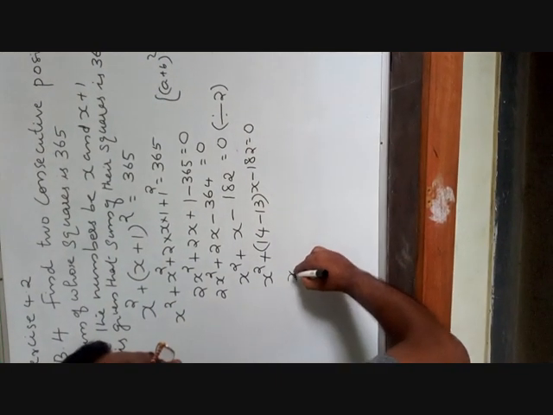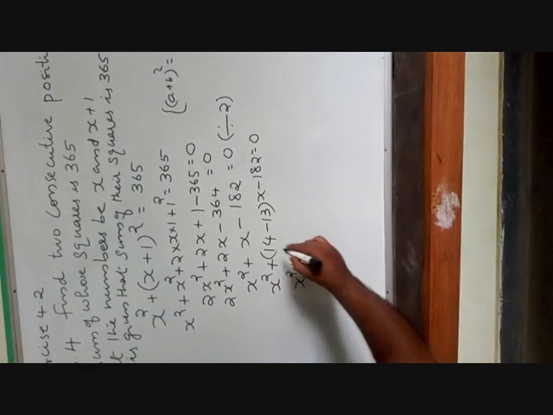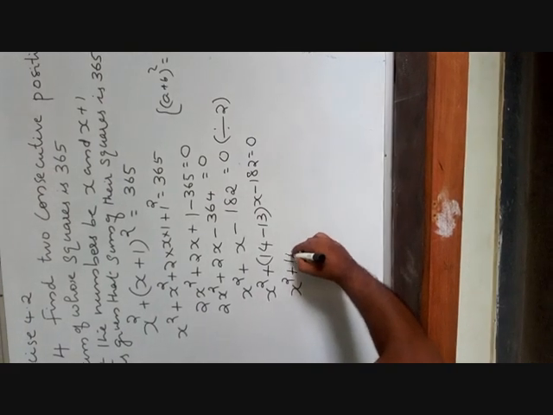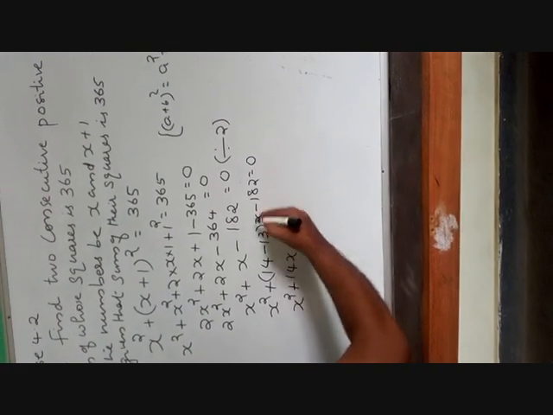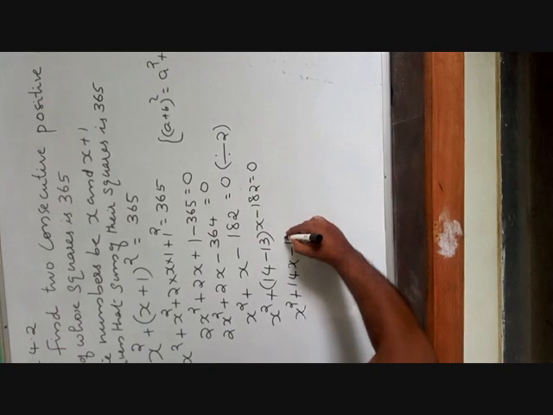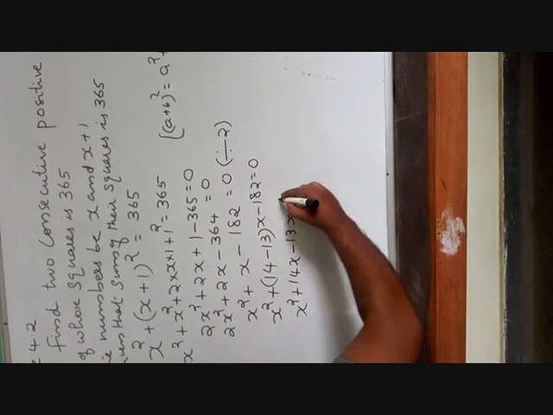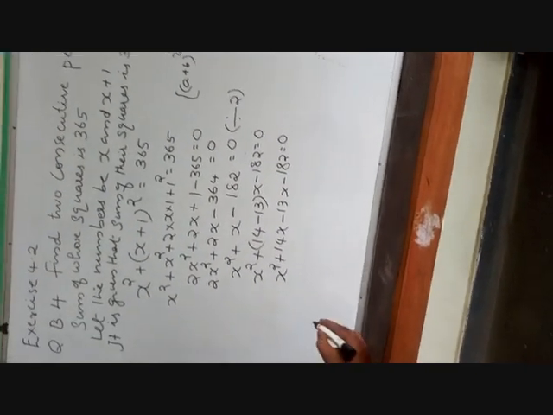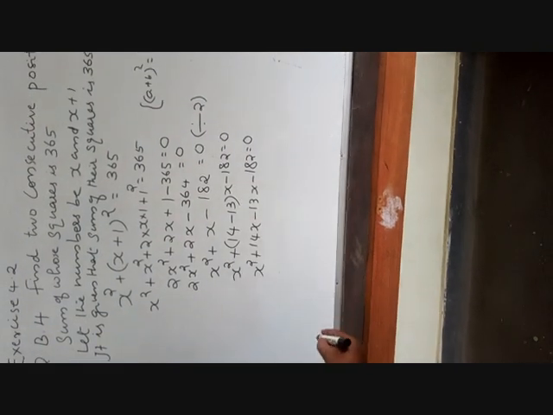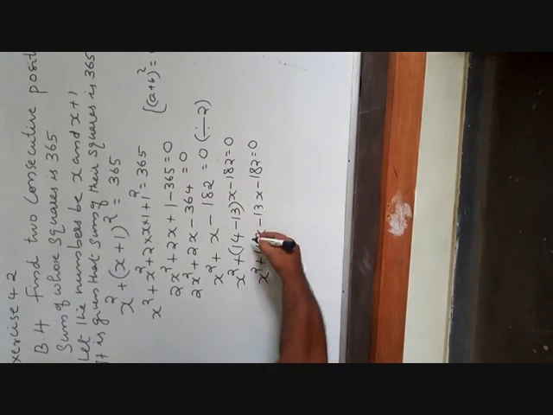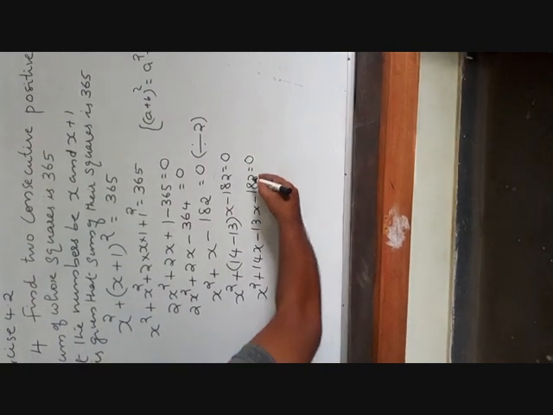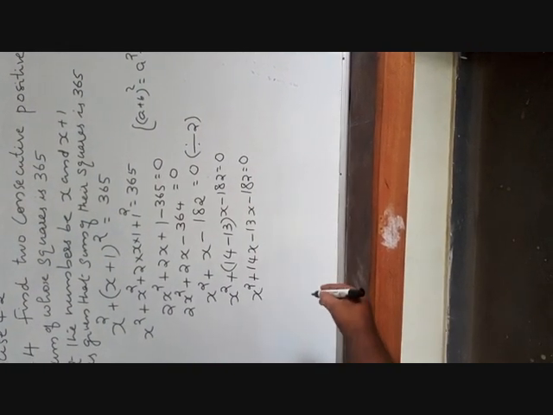Then x square plus, after that multiply both terms by x, 14 into x, 14x, minus 13 into x, minus 13x, minus 182 is equal to 0. We can divide this equation into two parts, that is x square plus 14x and minus 13x minus 182.